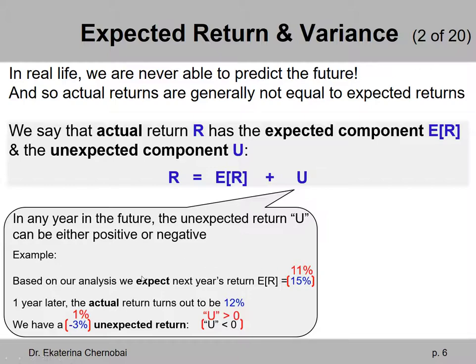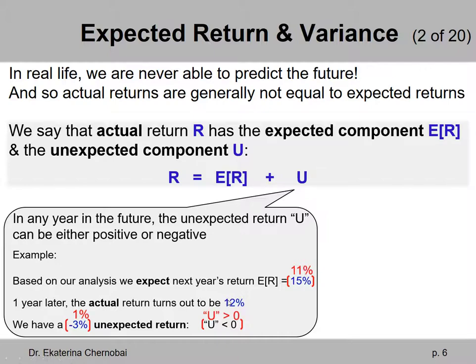Or let's look at the second example. Maybe we expected the return to be 11%, but the actual return is now 12%. So we were maybe too pessimistic, or maybe for whatever reason, we didn't expect to earn such a high 12% return, and our expectation was to increase the value of our investment by just 11%.